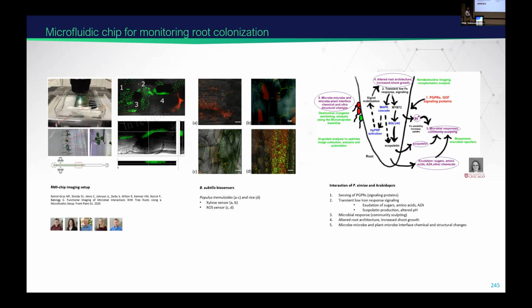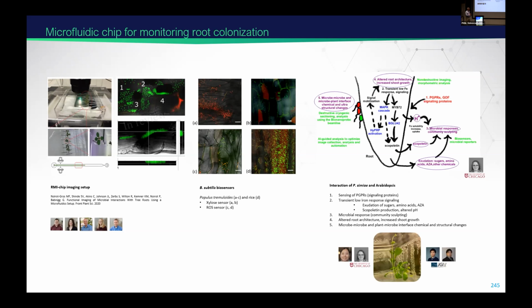It has a transient low iron signal and a cascade is initiated, more like a kinase cascade. As a result, we have increased oxidation of sugars, amino acids, or azelaic acid, etc. And this will then sculpt the microbial community around it, which in turn will help the plant.